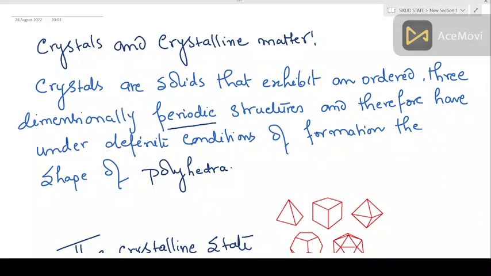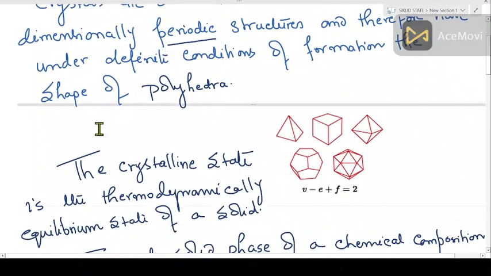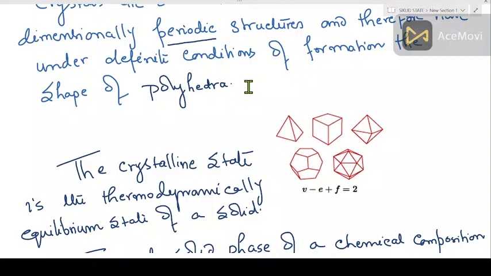The most important thing is that under some particular conditions of formation, meaning temperature, composition, and pressure, these crystals take the shape of polyhedra. Polyhedra means there are many faces. This shape of polyhedra is a very important, conceptual topic when we are talking about crystals.